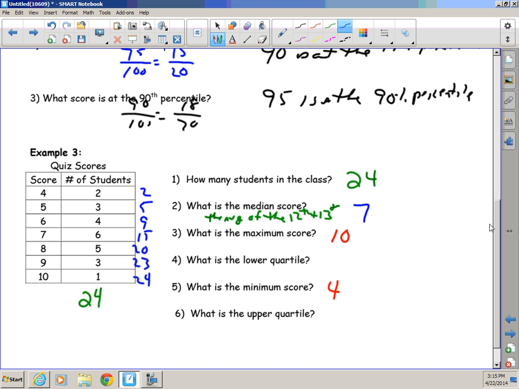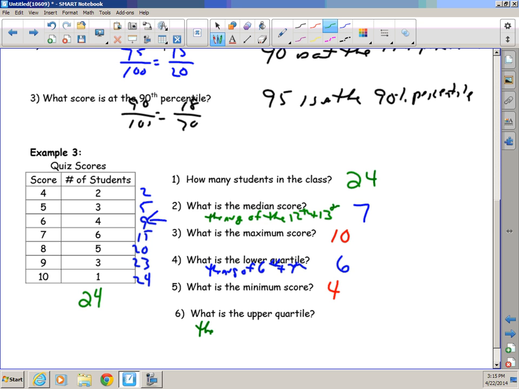Now, for my quartiles, all right, the quartile is a 4th. So it's going to be the average of 1/4 of 24, which is 6. But since when I break it into groups, it's still an even number, it's the 6th and 7th. So where's the 6th and 7th numbers? A score of 6. Okay? And then the upper quartile is 3/4 of 24.